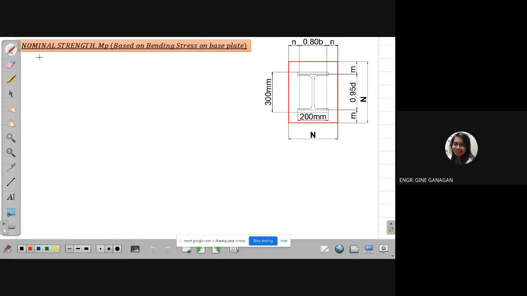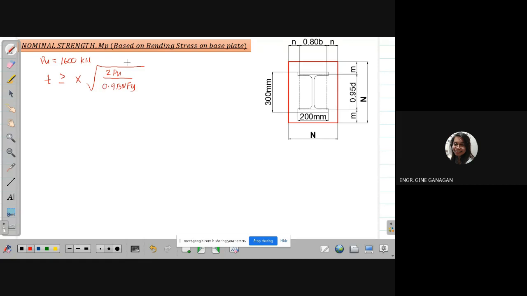Yung PU natin kanina is equal to 1,600 kilonewton. So, for solving for our thickness, yung thickness natin should be greater or equal to l, the square root of 2PU over 0.9 FY BN. So, yan yung equation natin.